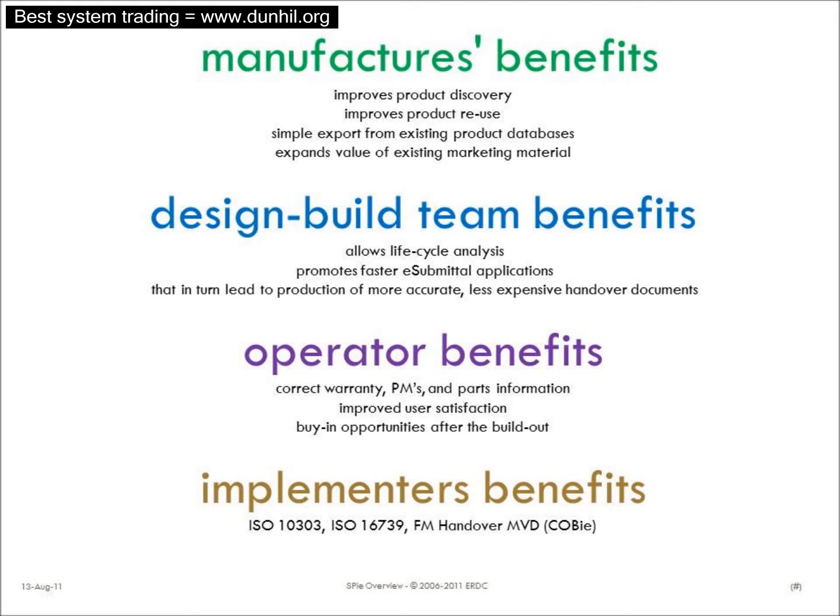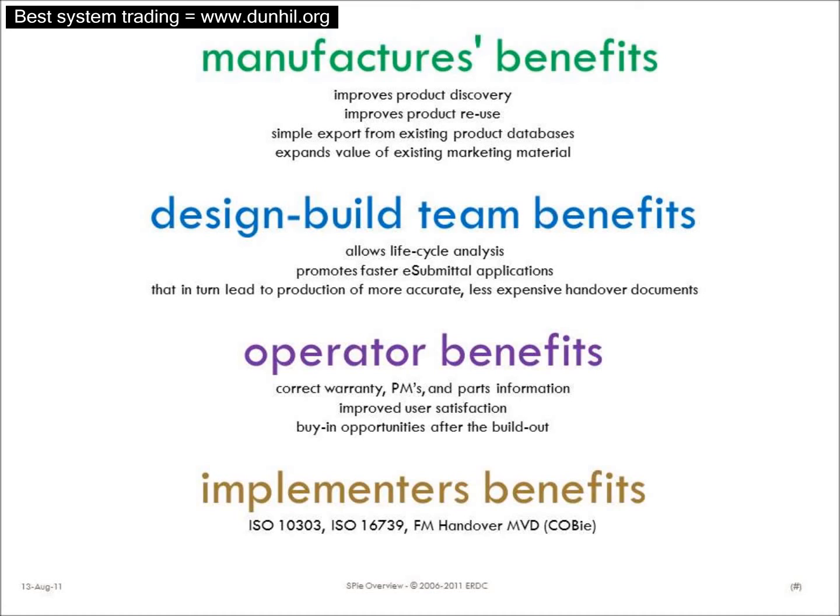Operators have many benefits. They can have the correct warranty information, the correct preventive maintenance information coming directly from the manufacturer. They can get the manufacturer's parts number so that when they have a need for replacement, they will be able to go get the part that they need. That all leads to improved user satisfaction with those products, directly driving the benefit back to increased sales for those manufacturers.